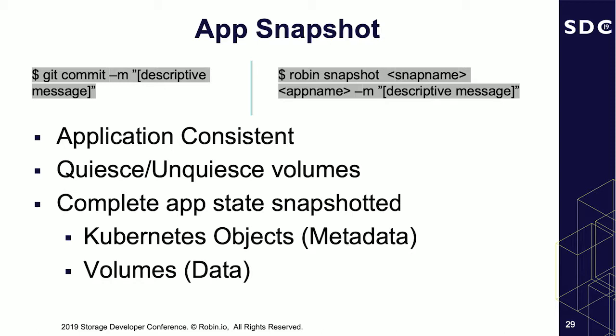Because it's application consistent, you have pre-snapshot hooks and post-snapshot hooks which you can use to make them application consistent. And as you've seen, this whole operation is application driven. Nowhere are we seeing any operations or commands about volumes. All the objects are applications, application driven from the beginning.